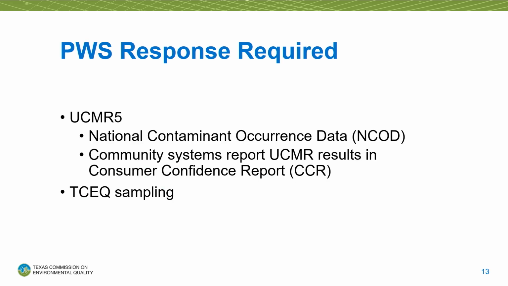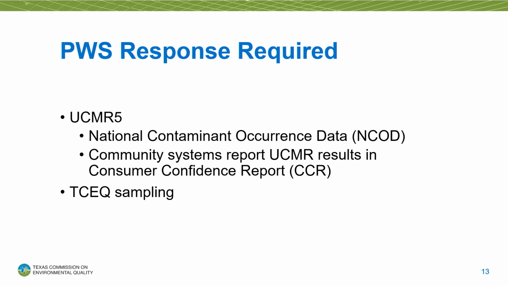Just wanted to go over PWS response required from UCMR 5. So if selected for UCMR 5 sampling, the number of samples required by the EPA depends on the size of the system. The system would then collect the samples and then send them to an EPA-approved lab.